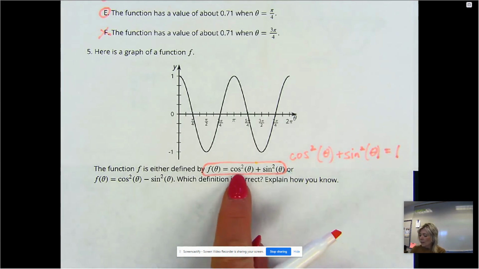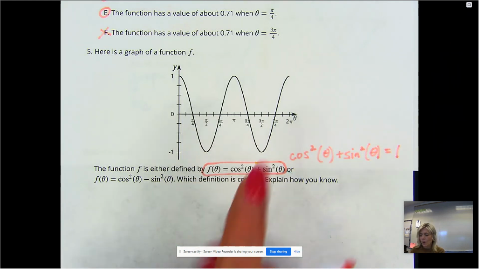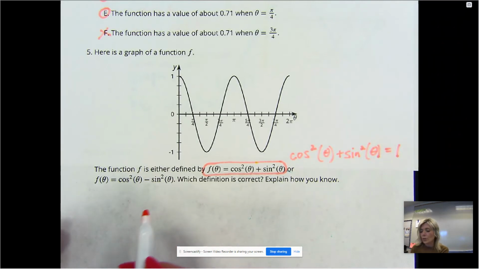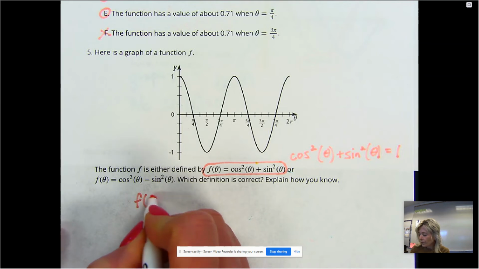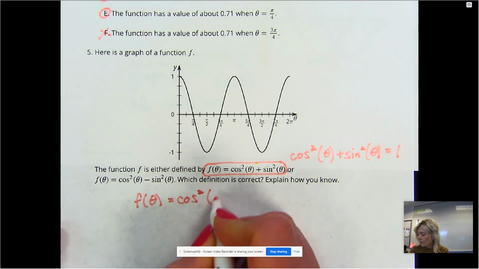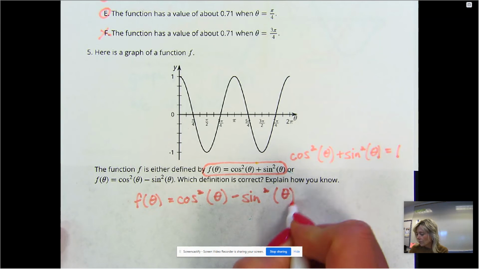So it's definitely not this graph since this isn't a flat line at y equals 1. So that means, if it's only going to be one of those two, it must be this one. Okay?